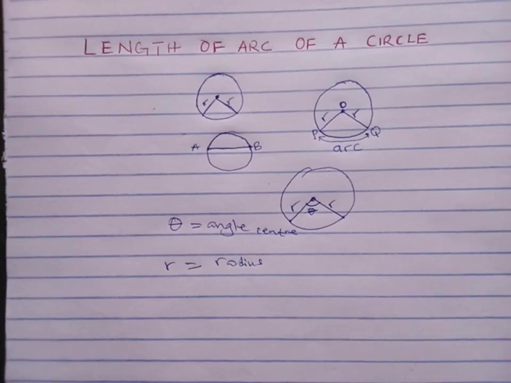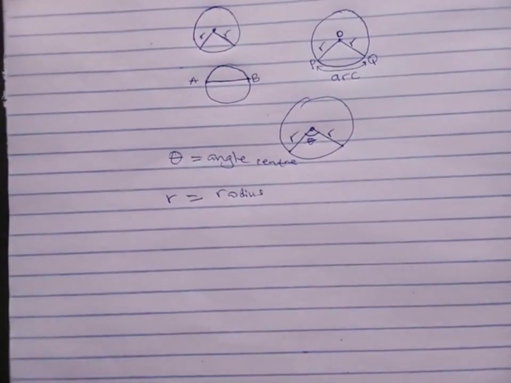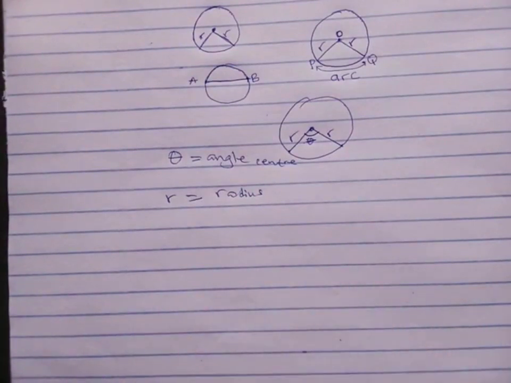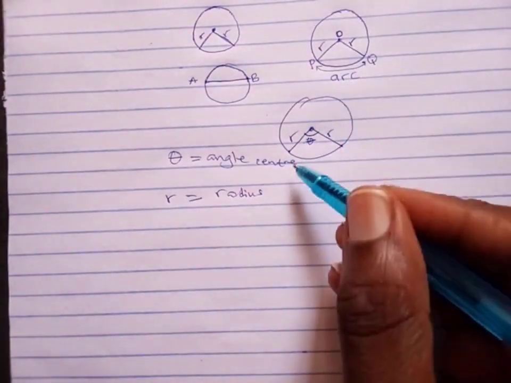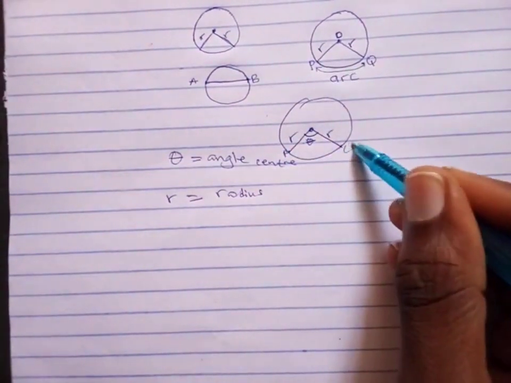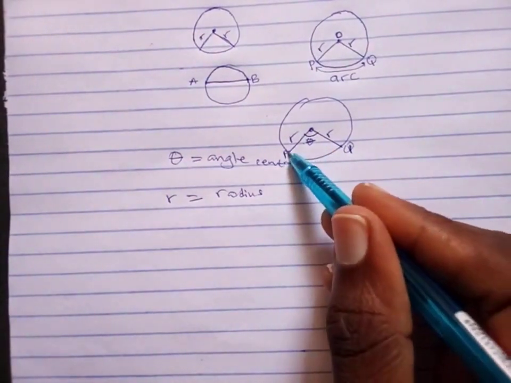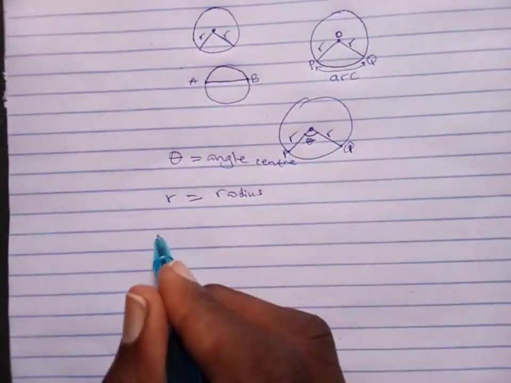Now, let's get the mathematical expression of the length of arc of a circle. Mathematically, the length of arc of this circle. Now, let me call here P, and here is our Q. So the distance from P to Q, let's call it PQ.